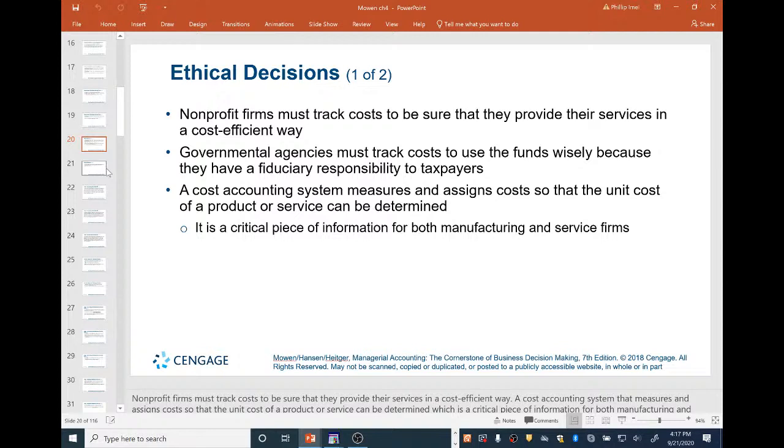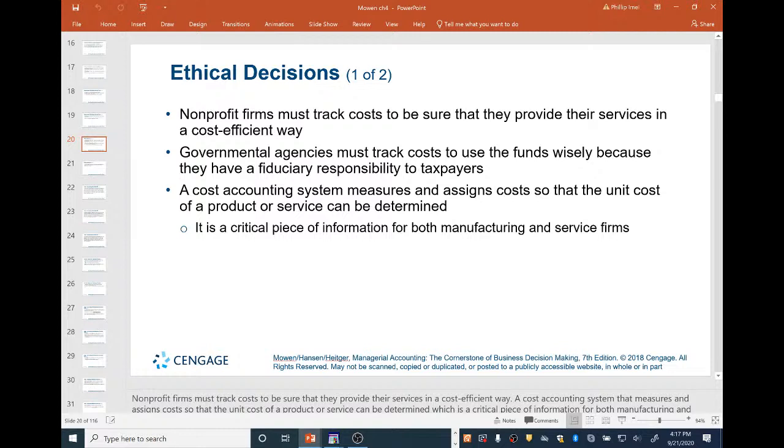So they want to see that you're efficient with whatever money is being donated to a not-for-profit. So that's an ethical issue there. Government agencies need to track funds wisely because they have an accountability to the citizens, because most of their money is derived through taxes. So the citizens have a right to know where their money is being spent and what it's being used on.